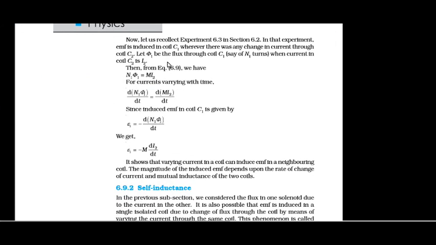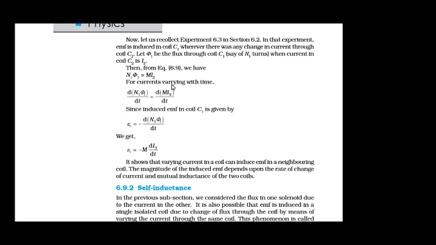Now let us recollect experiment 6.3 in section 6.2. In that experiment, EMF was induced in coil C1 whenever there was any change in the current through coil C2. Let Φ1 be the flux through C1, say with N1 turns, when the current in coil C2 is I2. From equation 6.9, we have N1 Φ1 is equal to M I2.